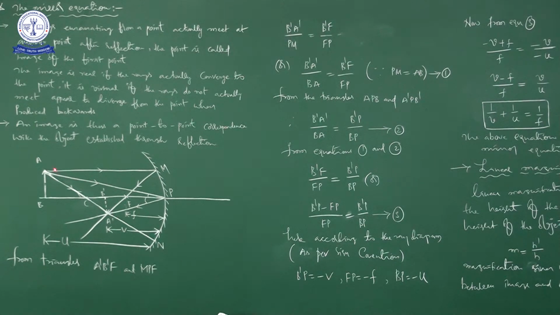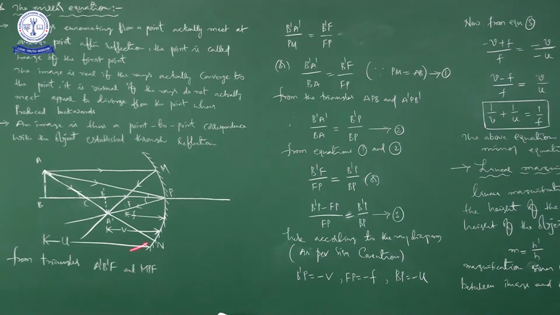But every point of the object is illuminated by the light rays. From there the light rays come and are incident on a curved surface here. Then after incidence, all the light rays go back. Where all the reflected light rays meet, their image will be formed. Okay, right.